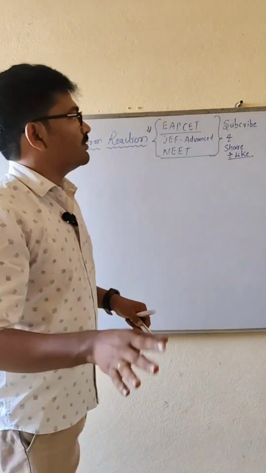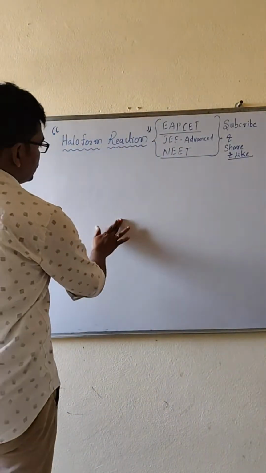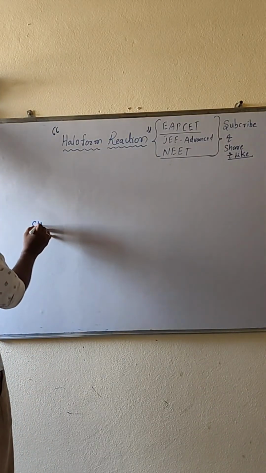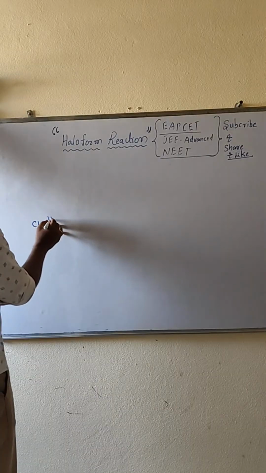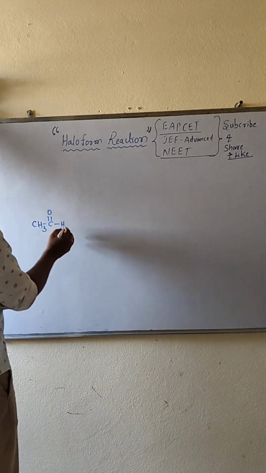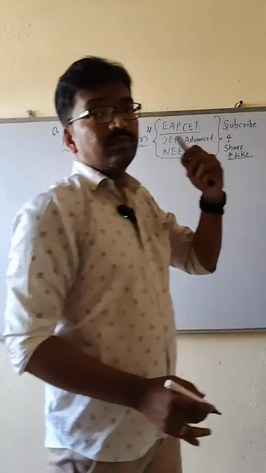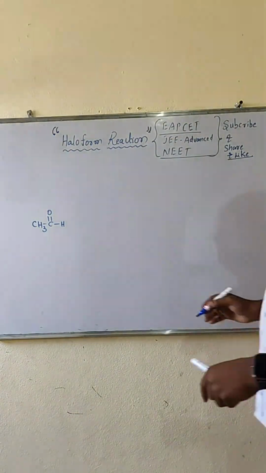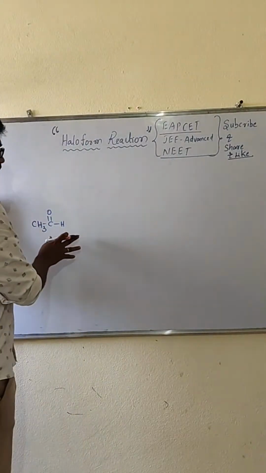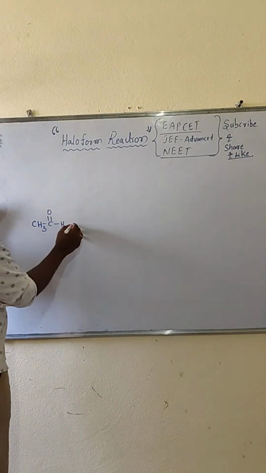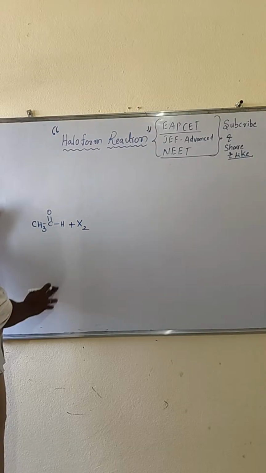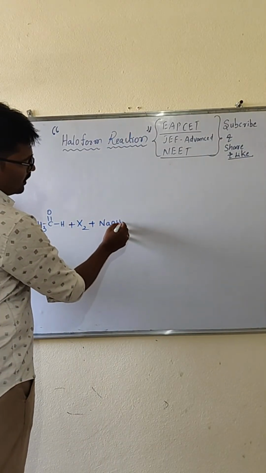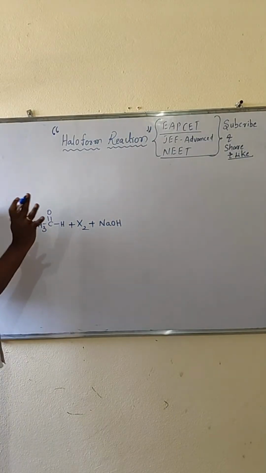That is the sodium salt of the carboxylic acid. I will give one example. For example, take CH3CHO, an aldehyde, when it is treated with halogen and NaOH.